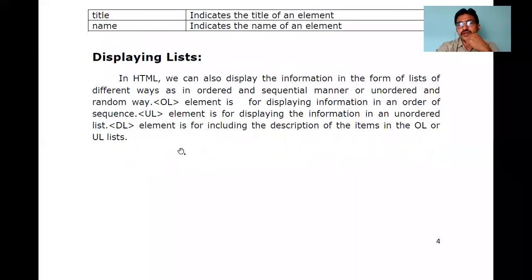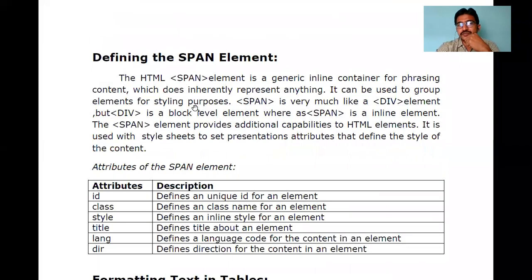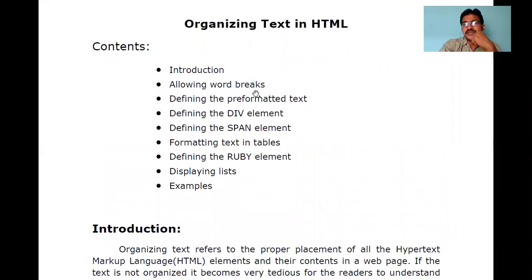Okay. Now I'll show you examples one after the other. What we have learned just now are simple topics. Don't think they will be big ones. We have discussed word breaks with the help of WBR, preformatted text with the help of PRE, div elements with the help of div, span elements with the help of span, table elements with table, TR, TD, TH, and Ruby consisting of two sub elements RP and RT, Ruby parentheses and Ruby text.